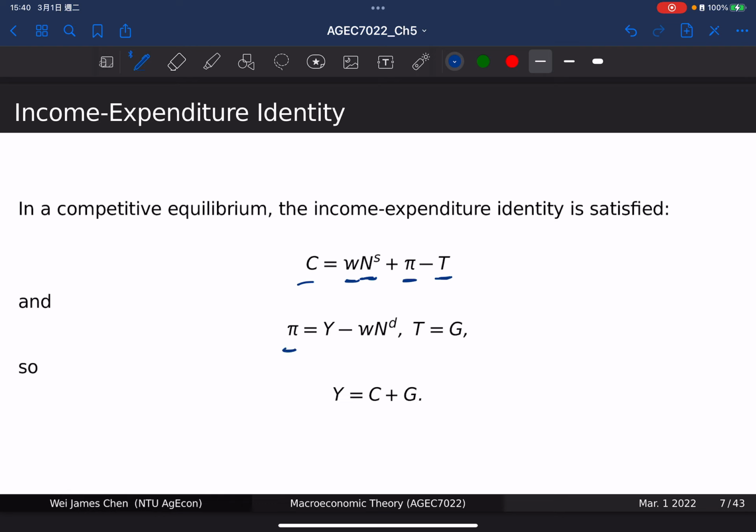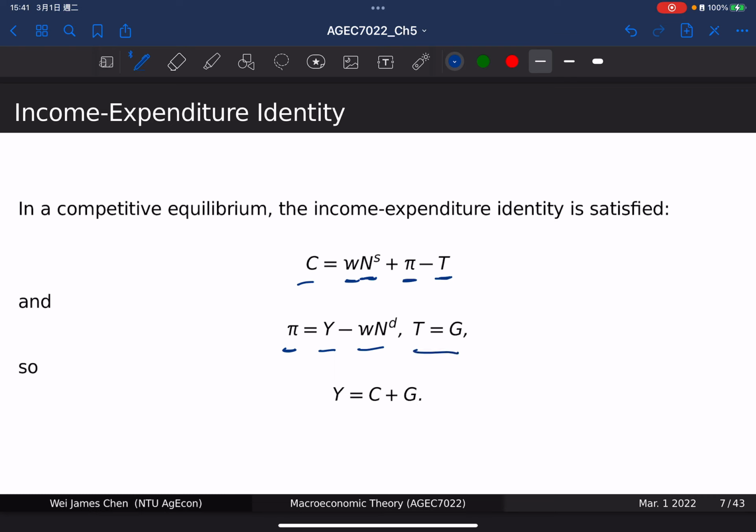And pi is the dividend. The dividend must be Y minus W times the labor demand. We assume that all the dividend goes to the consumer.